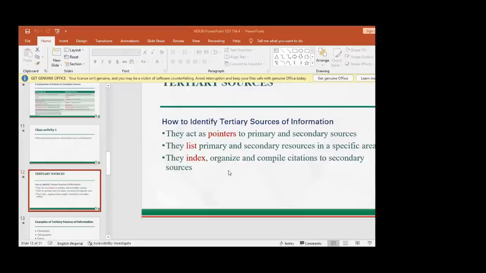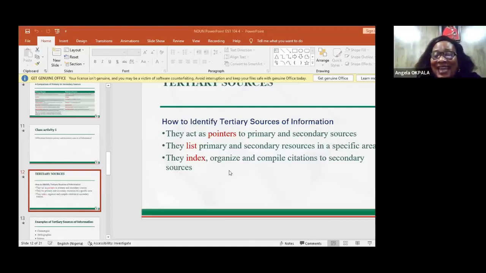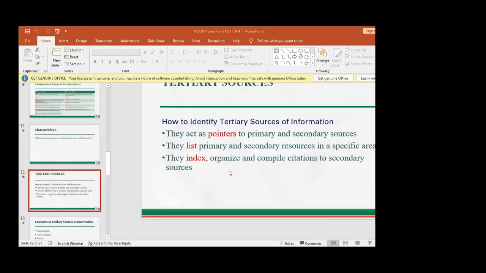So we are moving back to our slides so that we'll look at other types of information now. We are looking at the tertiary type of information. You can see the way I prepared this slide. I said they are pointers.